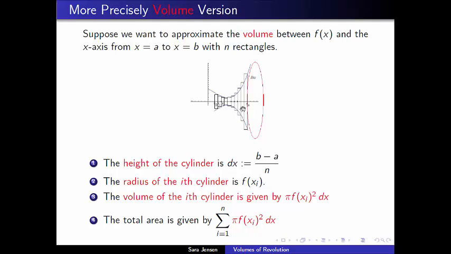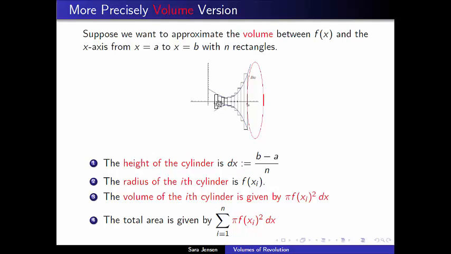And in doing so, we've made a cylinder. What was formerly the length of the base of any one of those rectangles is now representing the height of that cylinder. And it's the same value, dx.